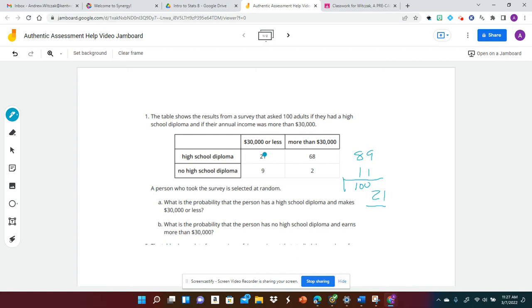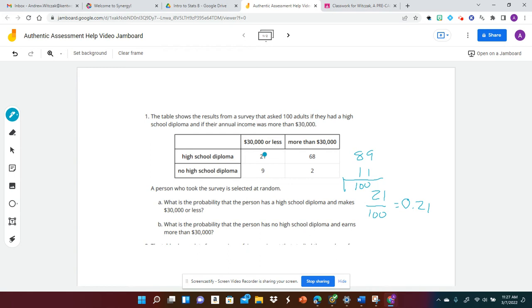So this is 21 out of 100. And then you could divide, but I know if I divide by 100, I can move the decimal 2 spots. So this is going to be 0.21 or 21%. So the probability that you make less than $30,000 with a high school diploma is 21% out of the people surveyed.